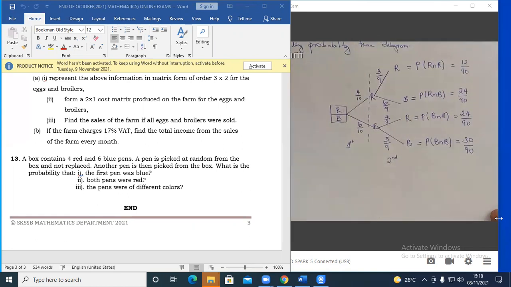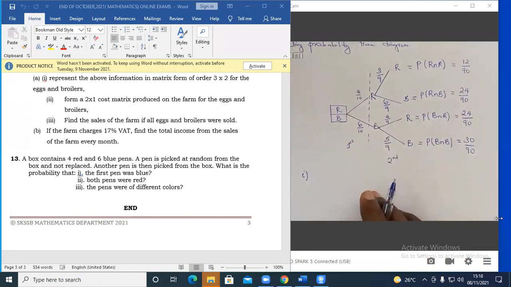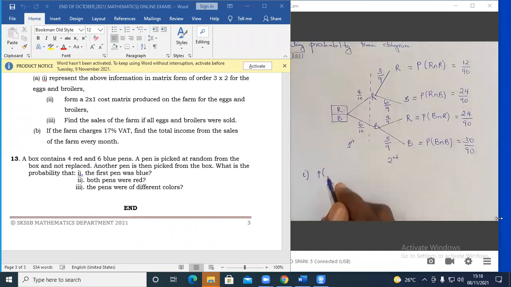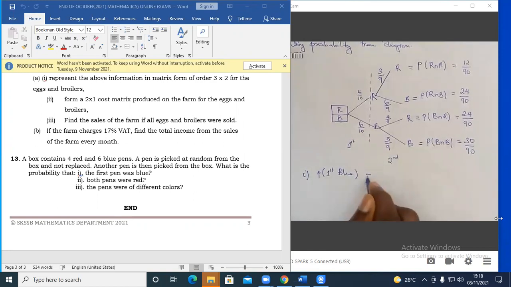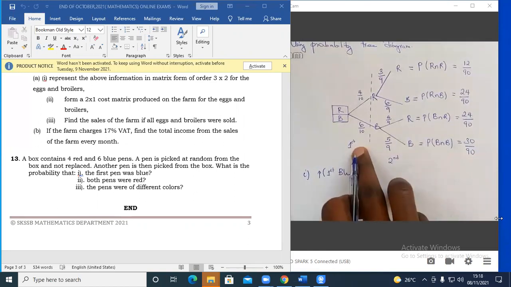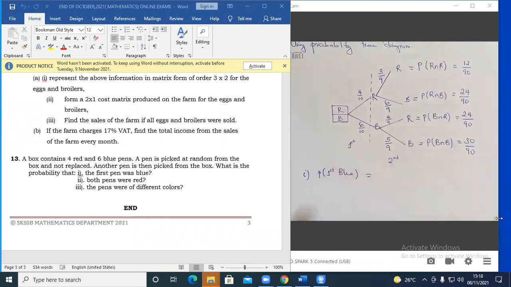Now let's answer the first part of the question. The first pen was blue. So where do you get this one? From the first picking. The first pen was blue. So what's the probability of picking blue?